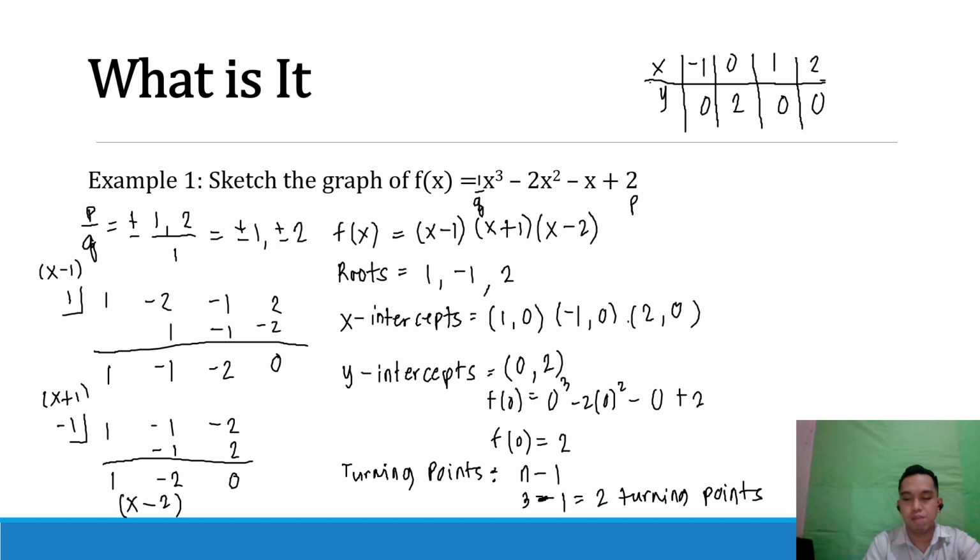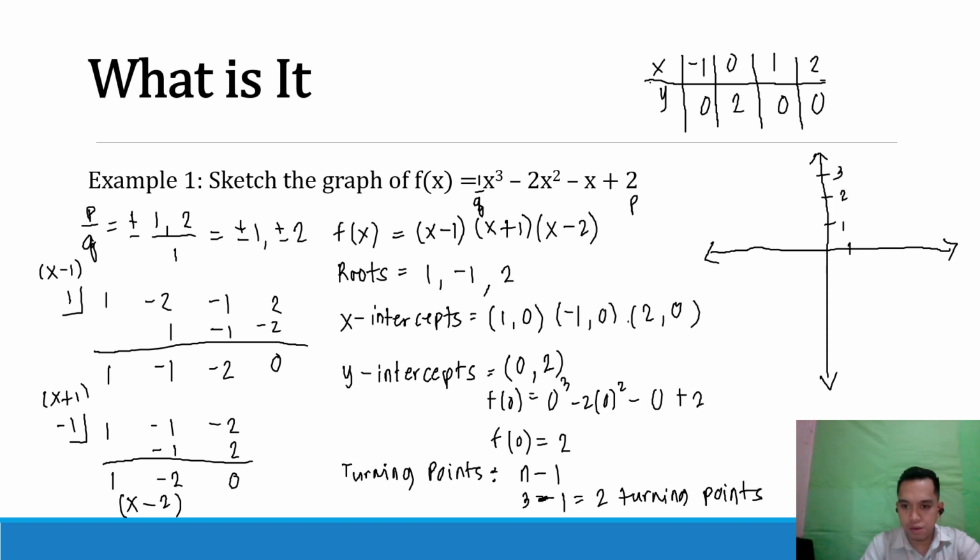So pwede na natin yung i-plot sa ating graph. So pwede natin i-plot yung ating mga points sa ating Cartesian plane. So yung ating x is 1, 2, 3.